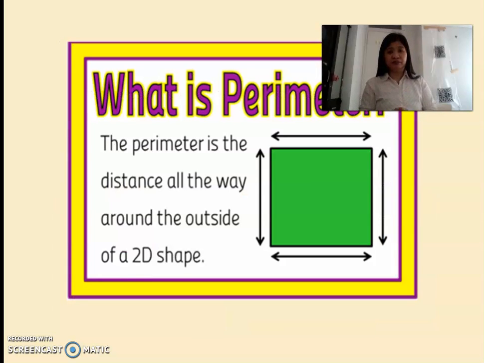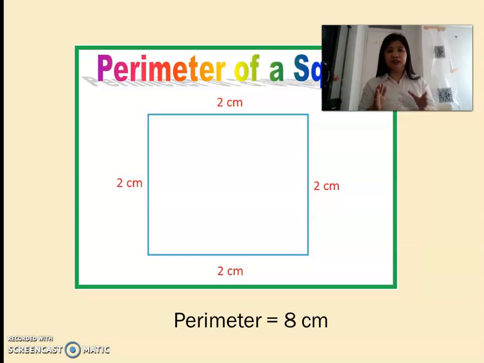What is perimeter? When we say perimeter, it is the distance all the way around the outside of a 2D shape. Let's take a look at this shape, the square. Square has 4 equal sides. If one side of the square is 2 centimeter and we have 4 sides, we can simply multiply 2 times 4 because they are equal.